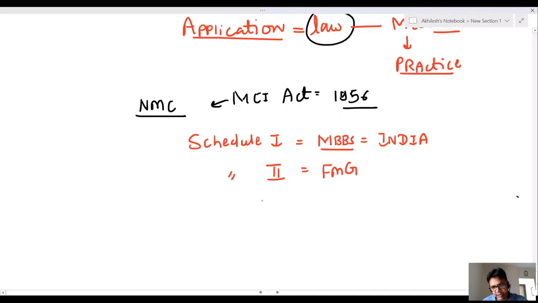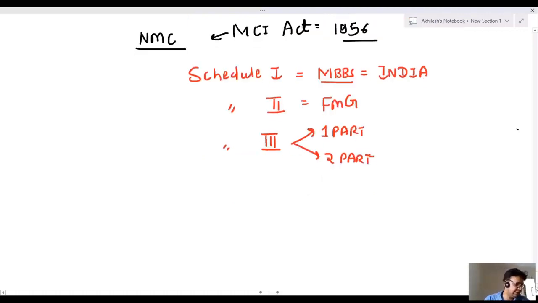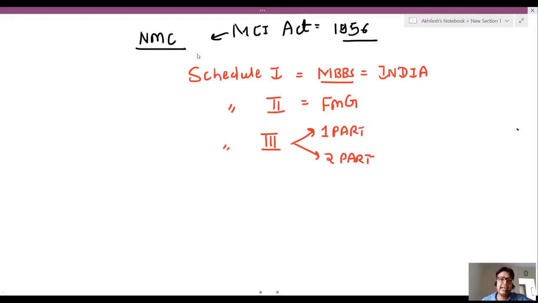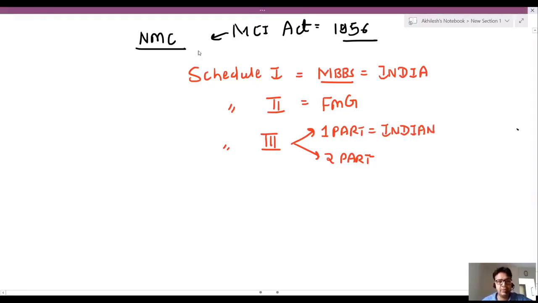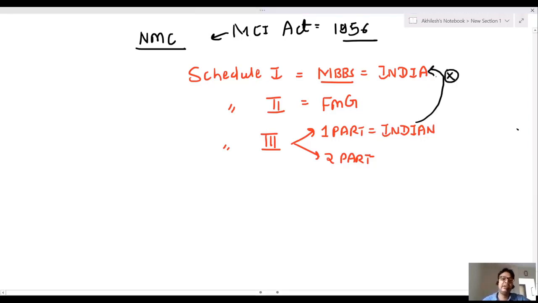Sir, but there is one more schedule, Schedule 3. In Schedule 3, we have first part and second part. The first part is Indian graduates who are not coming under Schedule 1.